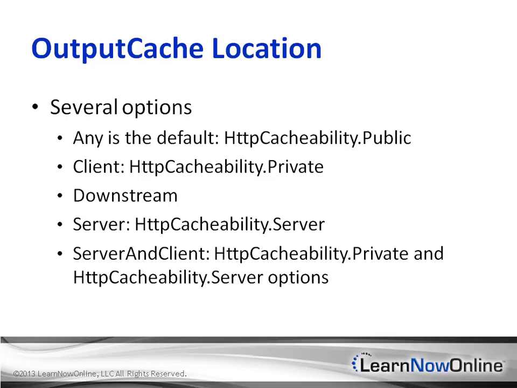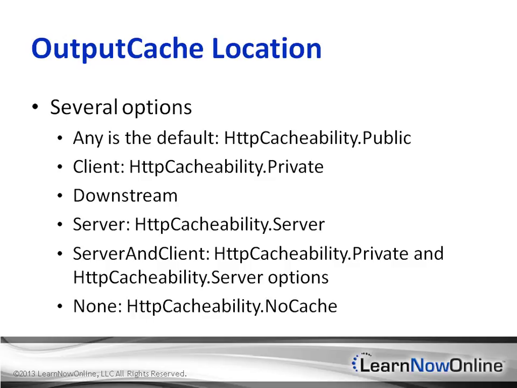Yet another option is ServerAndClient. In this case, the output cache can be stored only at the origin server or the requesting client. So proxy servers aren't allowed to cache the response. And this value corresponds to the combination of the HttpCacheability Private and Server enumeration values. And then the final option is None. In this case, the output cache is disabled for the page that the user requested.